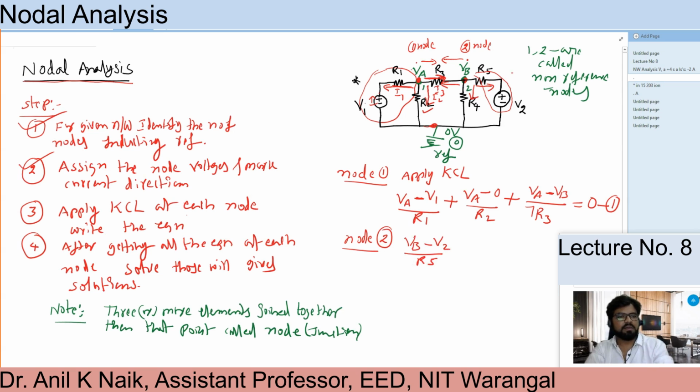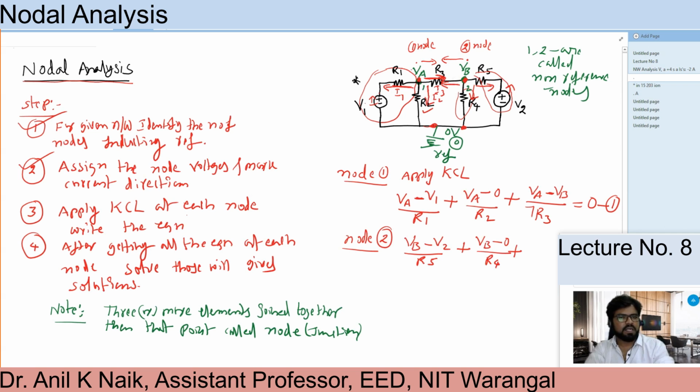Yes, because this voltage is actually opposing, plus and minus, so it is opposing to my conventions. That's why it is coming minus plus. Now come to this branch. I can take VB minus 0 by R4, because it is the zero potential here, plus this one again I3.